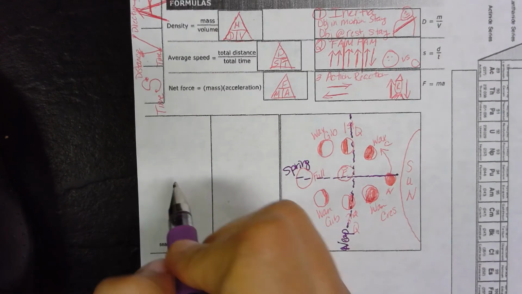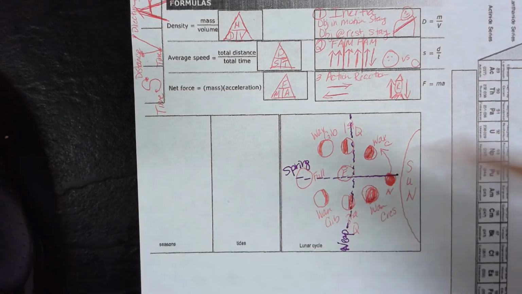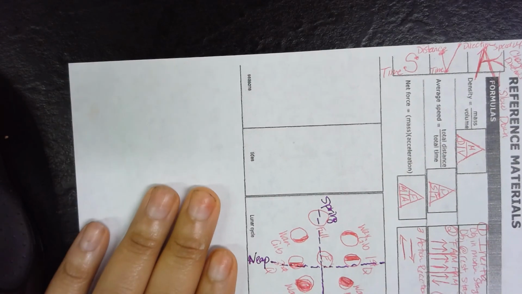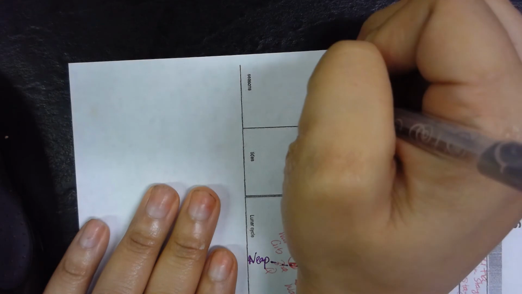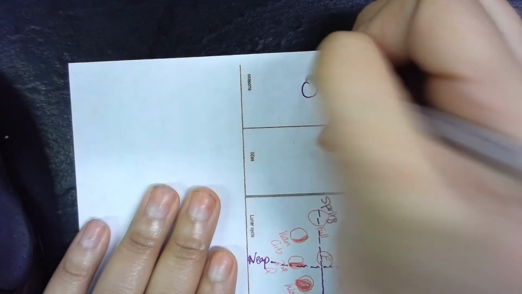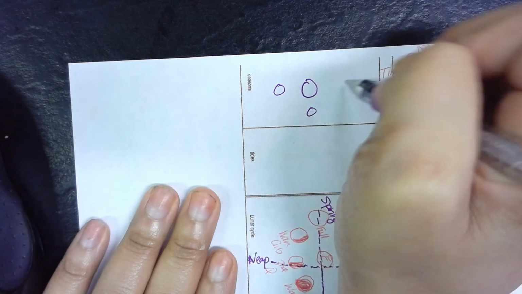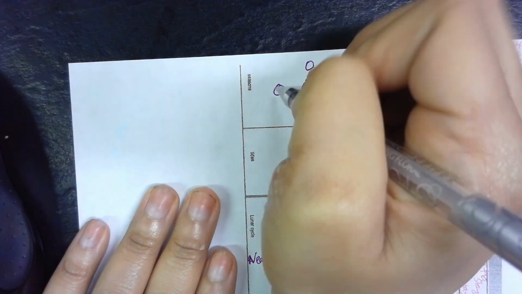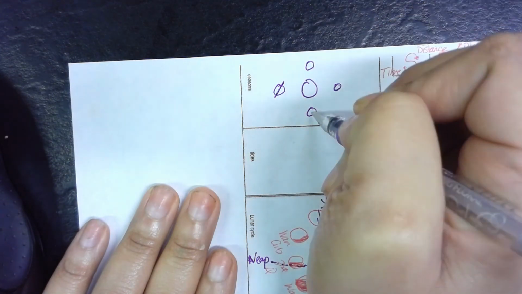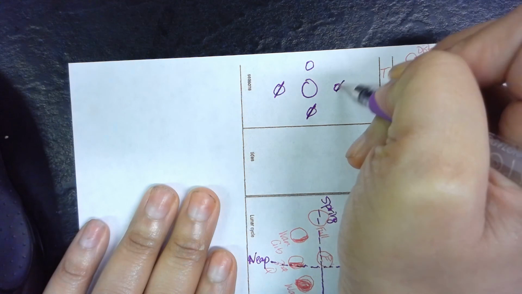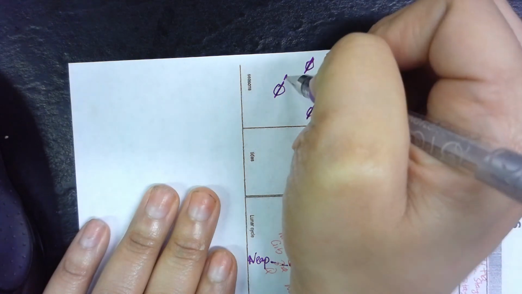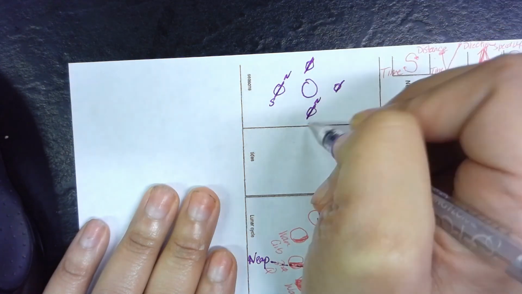Next, we have seasons. Now, this is where I want you to turn that paper just a little bit, okay? And so the sun is going to be at the center, and then we're going to have little mini Earths going all the way around with our axis, of course. And we know our axis is tilted, north and south axis.